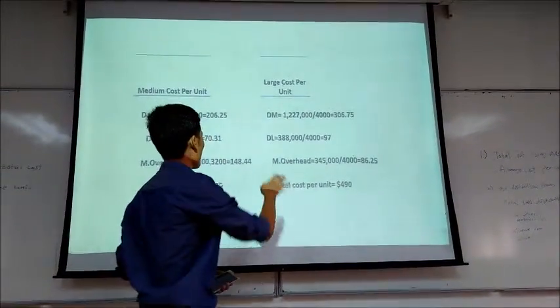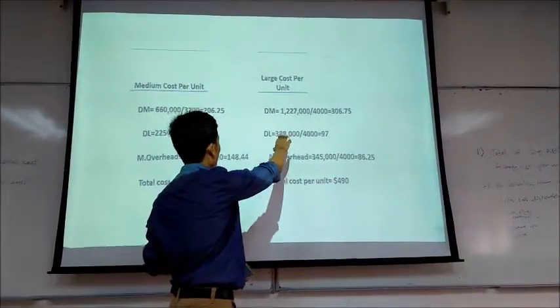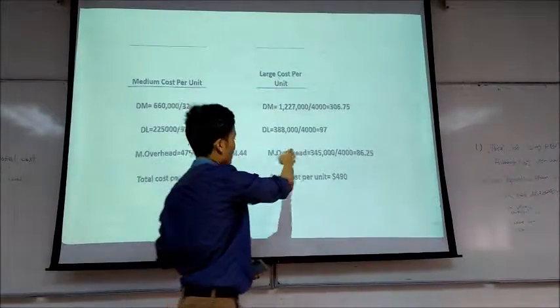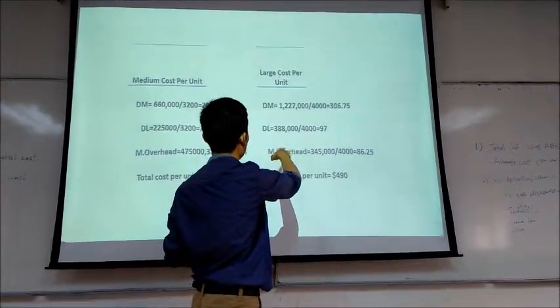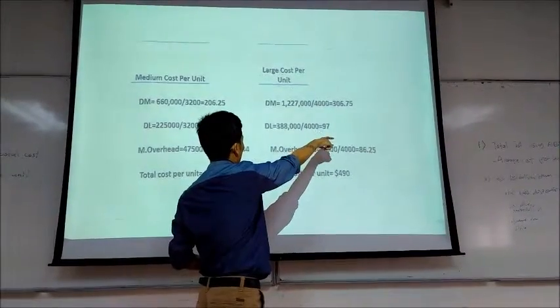And then for the direct labor, you divide 388,000, the total price for the direct labor, by the volume 4,000, and you get 97.